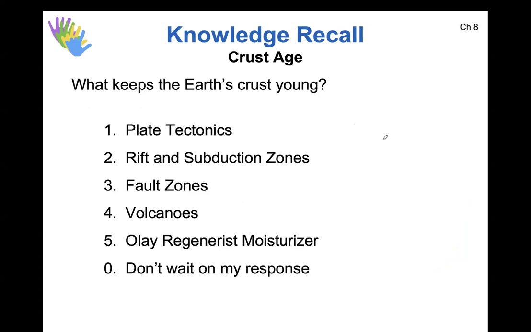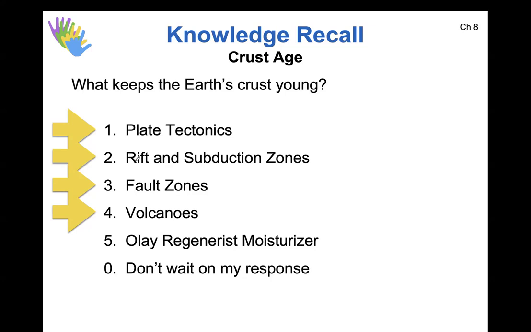But why is that? Why is the Earth's crust kept young? Well, I won't ask for an answer because you'd have to give me lots of different numbers based off the options. It's both one, two, three, and four. Okay. Plate tectonics, which is the moving of the plates, as you likely know, leads to earthquakes. A subcategory of plate tectonics is rift and subduction zones.